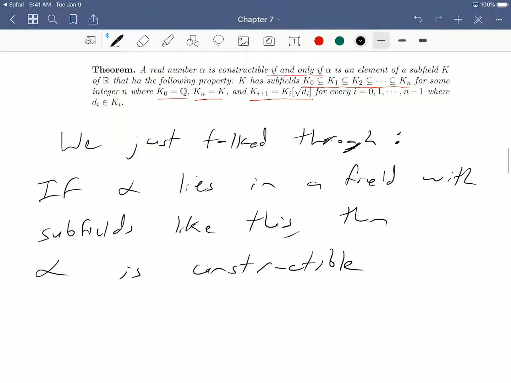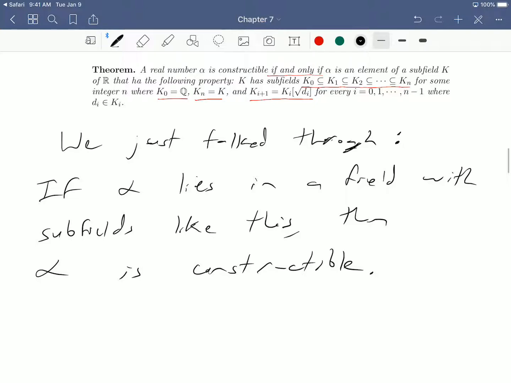We didn't write down a formal proof, but we talked through all the steps. So if we knew alpha was in a field with these subfields where each extension was just a square root extension, then we knew based on those homework constructions that we could construct that element alpha.